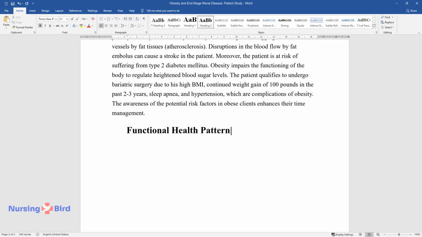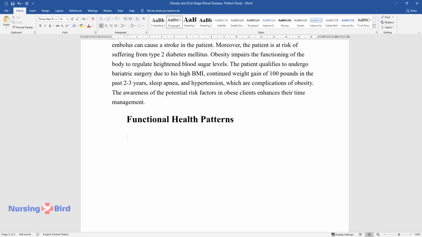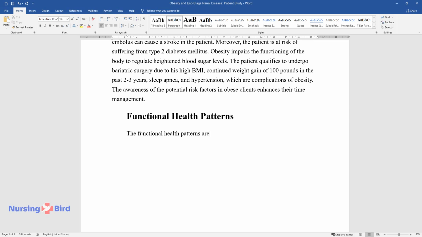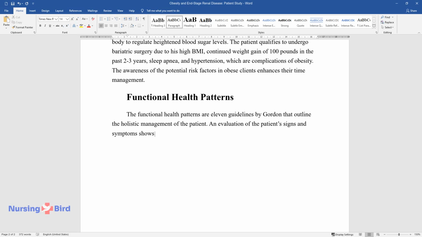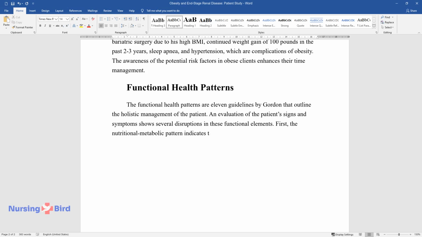Functional health patterns. The functional health patterns are 11 guidelines by Gordon that outline the holistic management of the patient. An evaluation of the patient's signs and symptoms shows several disruptions in these functional elements. First, the nutritional metabolic pattern indicates that the client has had difficulties in consuming fluids and food.